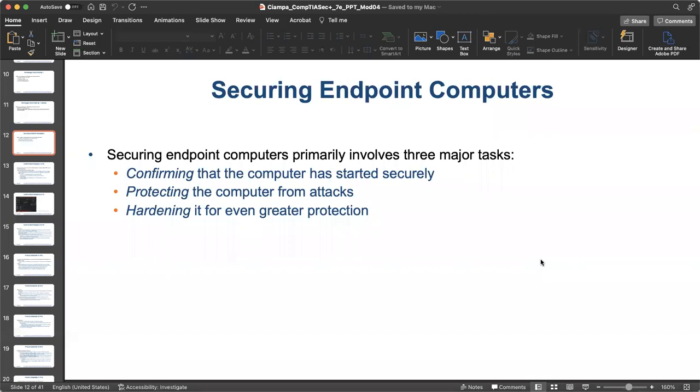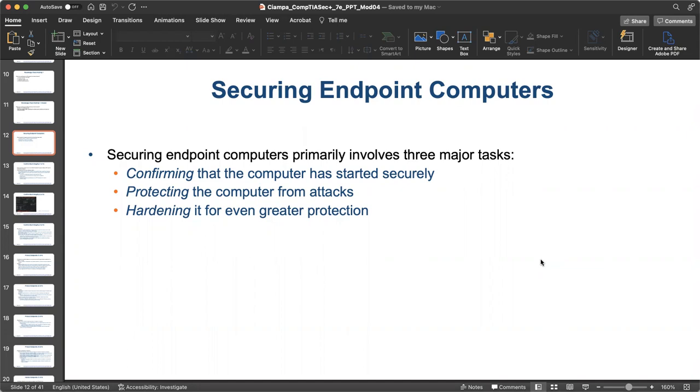So first and foremost is confirming the boot integrity. One of the steps that is often overlooked in securing endpoint computers is to confirm that the computer has started without any malicious activity taking place. Ensuring secure startup involves the Unified Extensible Firmware Interface, or UEFI.